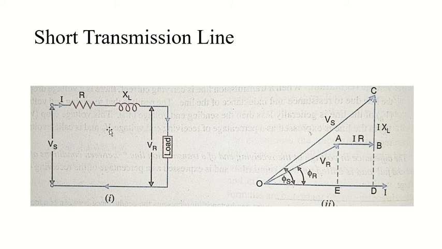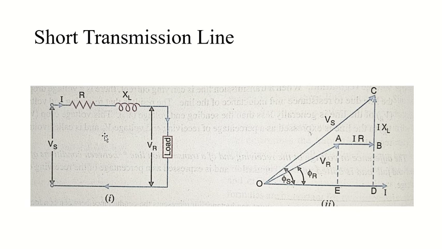Load current is given as I. The loop resistance, or the resistance of conductors, is given as R. Loop reactance is XL. The receiving end voltage is VR, and the sending end voltage is VS. Receiving end power factor is cos phi R, and sending end power factor is cos phi S.